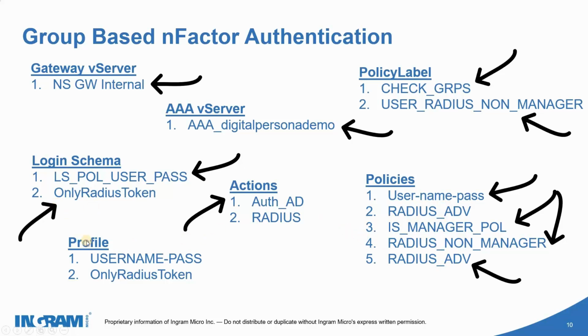That's where you saw earlier that I just see a single field for my one-time password, and there's a profile assigned to that, not username pass, ignore that. It's called only radius token, which has an action assigned to it to do the radius authentication.